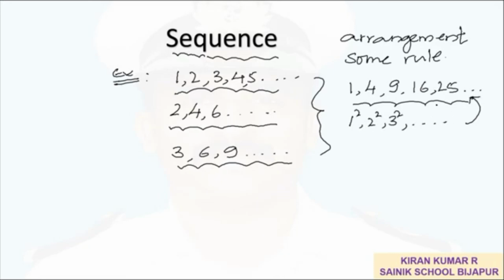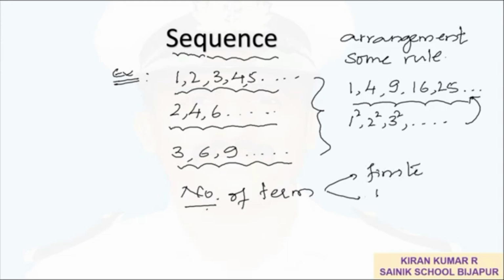A sequence is said to be finite or infinite according to whether it has a finite number of terms or an infinite number of terms. So the number of terms will decide whether the sequence is a finite one or an infinite one.